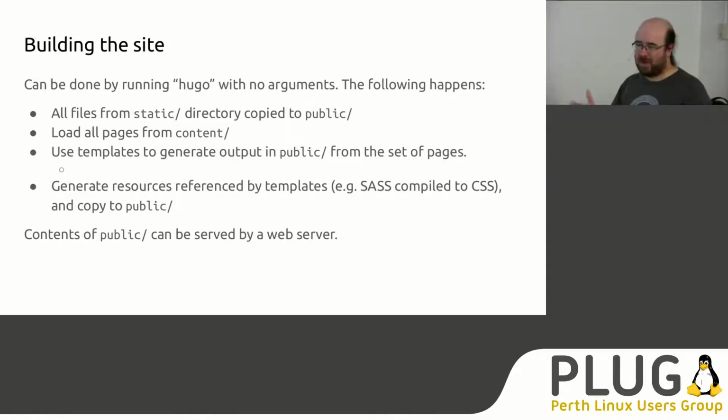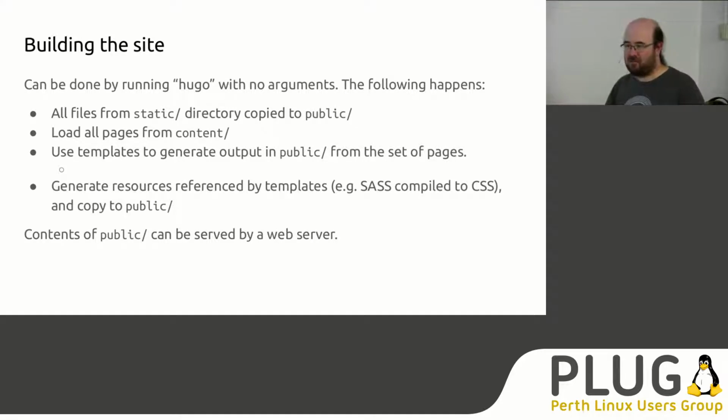When you're building a website, you can just run the Hugo command by itself, which will scan through all of the pages which you've got in the content directory, apply the templates and output the website, and you end up with basically what you would upload to your web server in the public directory, which you could then serve directly.